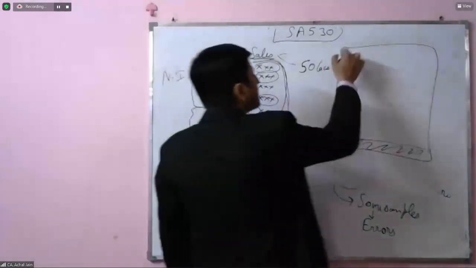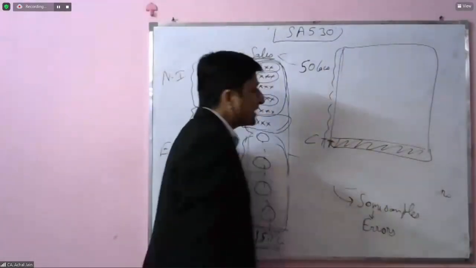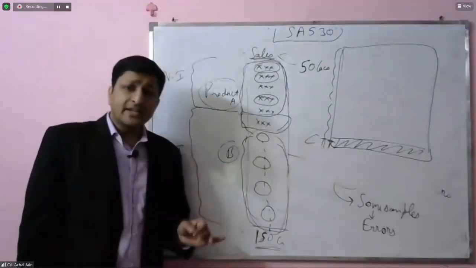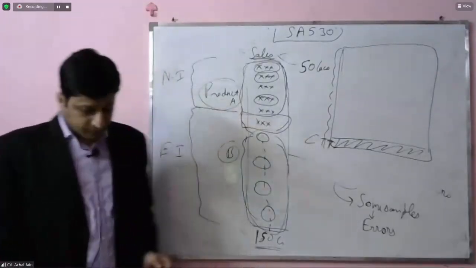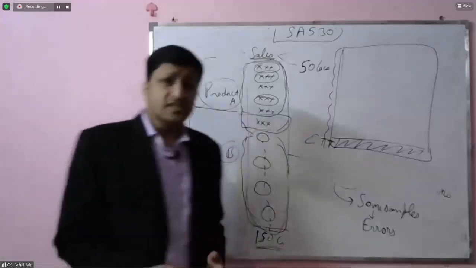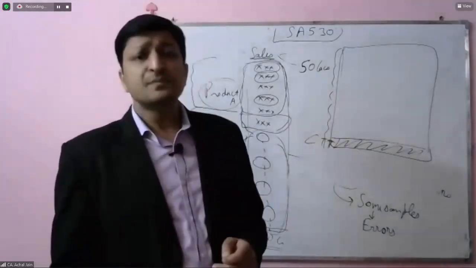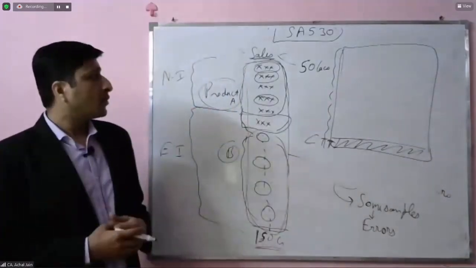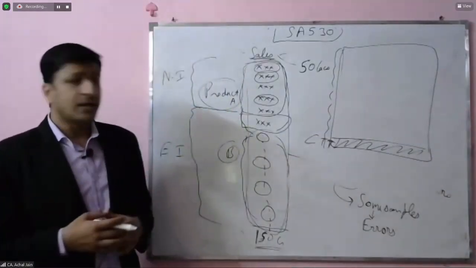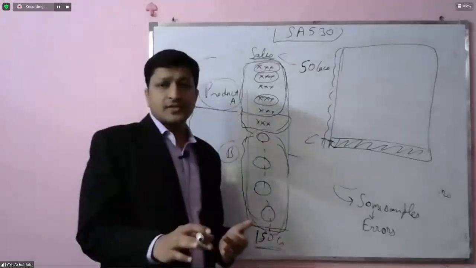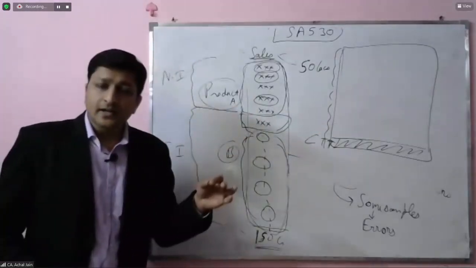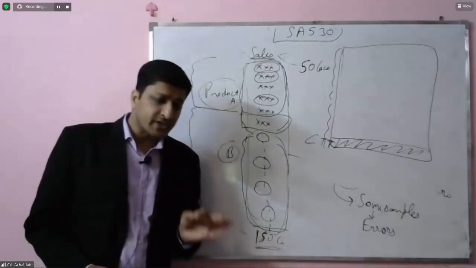We understand that irrespective of the experience, irrespective of the judgment of the auditor, this is his professional knowledge, there are still chances of errors getting undetected, of staying in the financial statements.